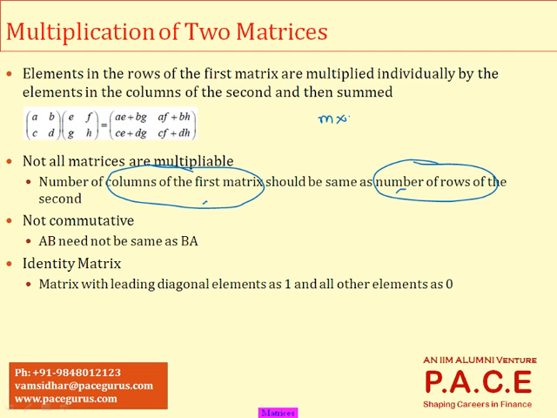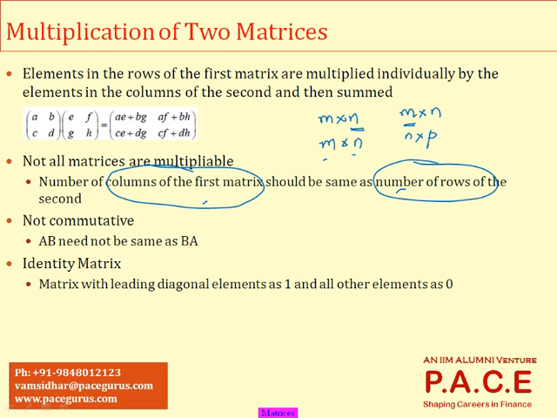Let's say the first matrix is of size m by n and the second is of size m by n as well. Then the number of columns of the first matrix should be the same as the number of rows of the second matrix. Here this is not the case. So the multiplication is literally not possible for these kinds of matrices. It is possible only when the first matrix is of size m by n and the second matrix is of some other size, n by p.